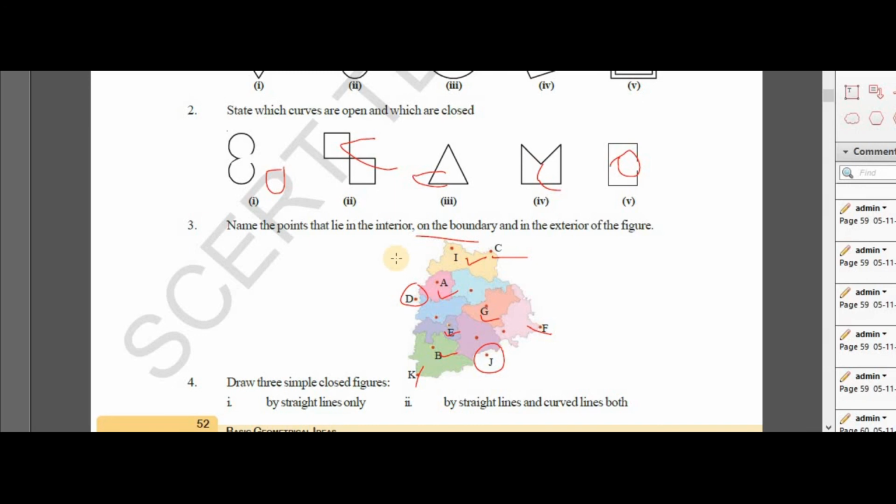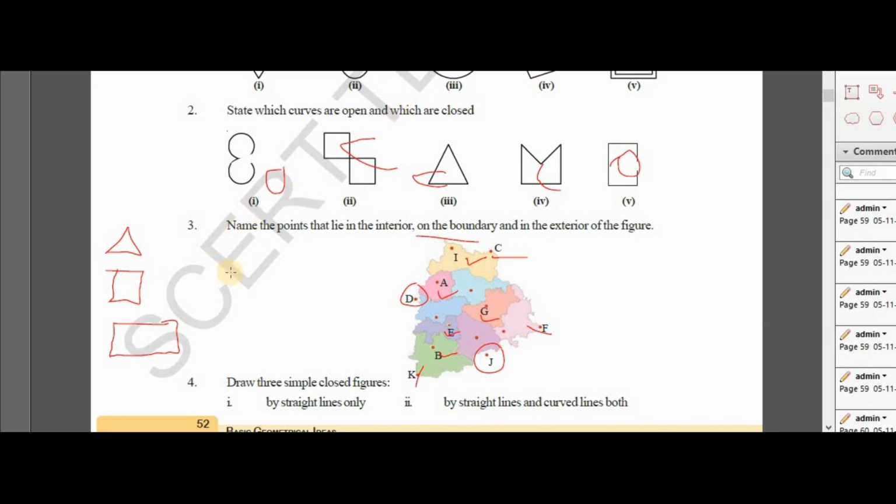Now the fourth question: draw three simple closed figures by straight lines. Straight lines means polygons, which we just saw. Three simple closed figures: triangle, square and rectangle. Straight lines as well as curved lines both. So like this we can draw.